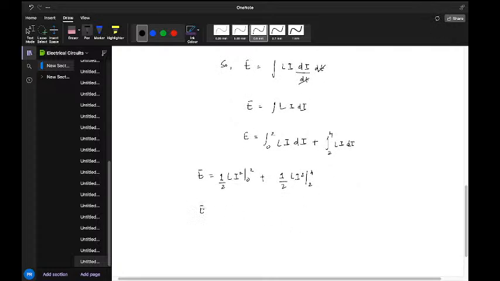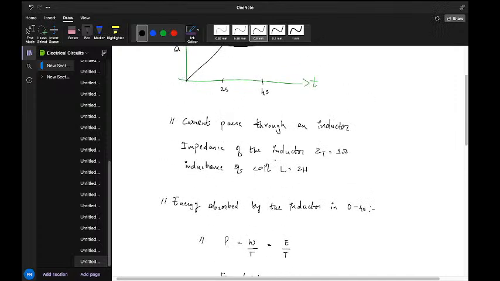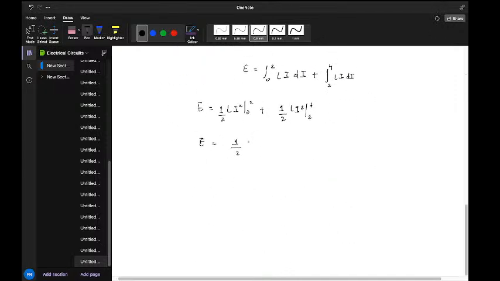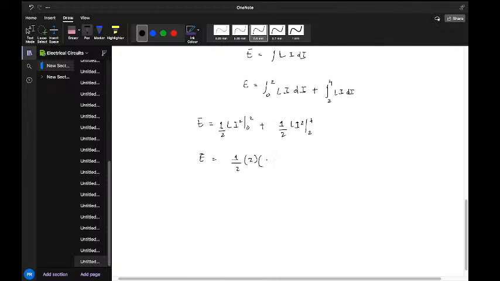So the energy E is going to be half times the value of L, which is 2 Henries, times the value of I from 0 to 2, so 2 square minus 0 square, plus half times the 2 Henries times 4 square minus 2 square.